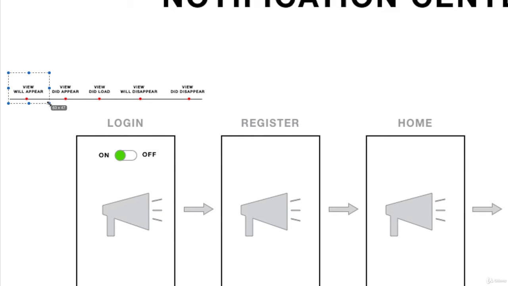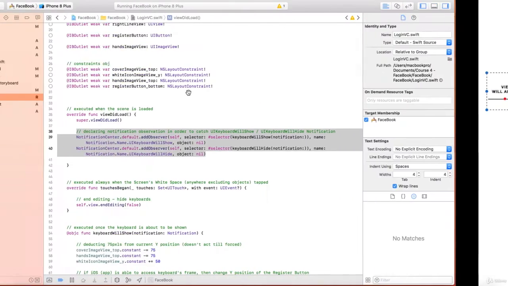First there is view will appear, then view did appear, then view did load, then view will disappear, and view did disappear. So the good action will be to put notification center in view did appear, and in view did disappear we'll switch it off.